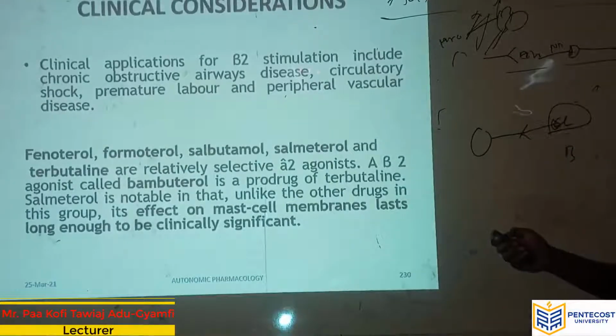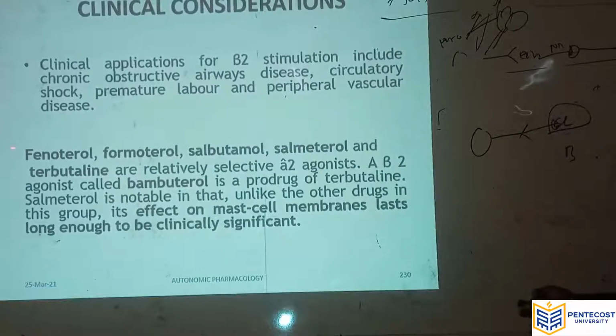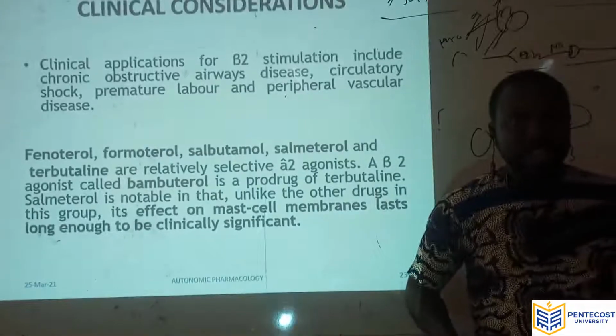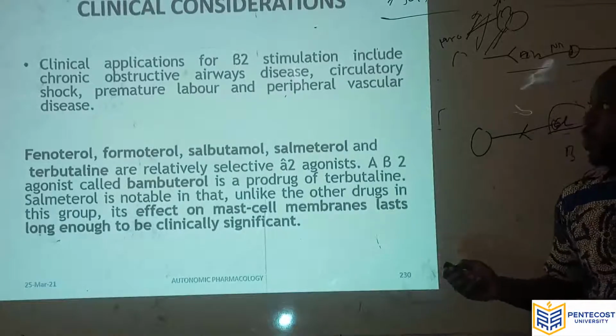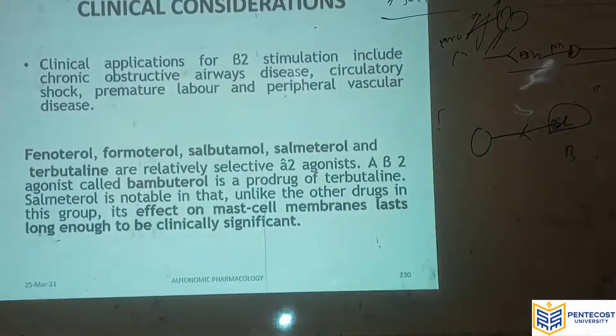Beta-2 receptors are found on smooth muscles, and they cause relaxation of the uterus. So maybe they give terbutaline. This drug can cause relaxation of the uterine muscles. So once the uterine muscles are relaxed and not contracting, then you can keep the baby. So these are some clinical considerations of the beta-2 agents.